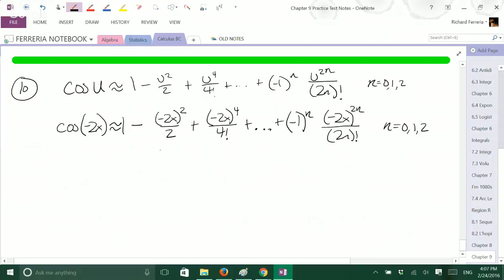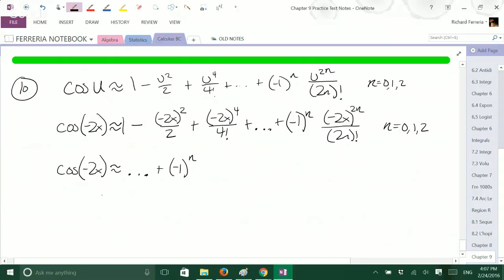Okay, from here, let's just work on that general term because that general term is what our answer is going to be. Negative 1 to the n. So we can simplify this.